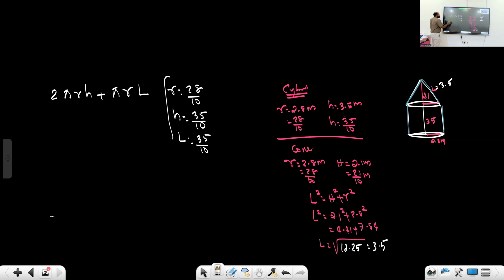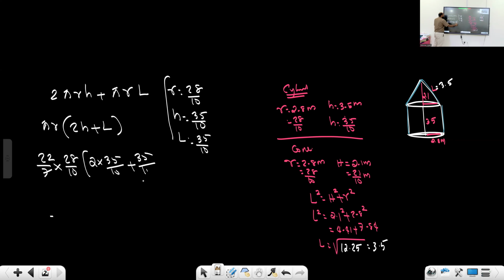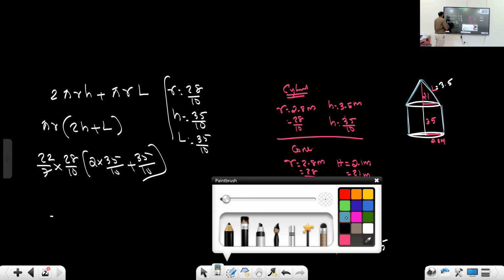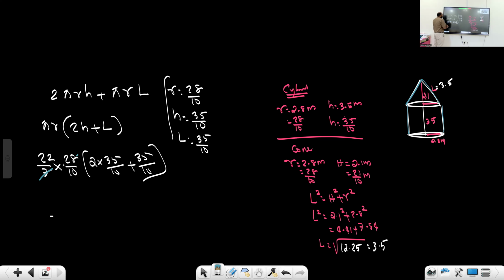What is common? Pi r, I took it outside. 2H plus L, you substitute. 22 by 7 into radius 28 by 10, into 2 into 35 by 10 plus 35 by 10. I request, don't cut the 10 because division will be easy; at the end we can think about it.